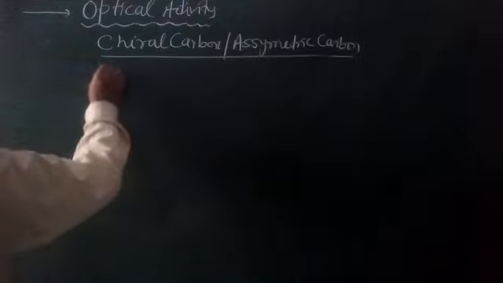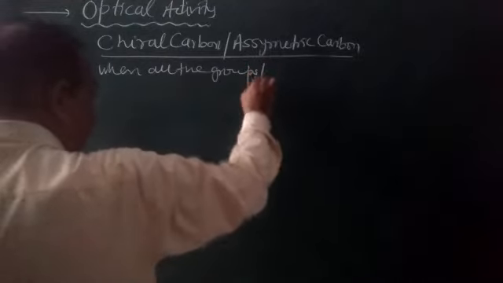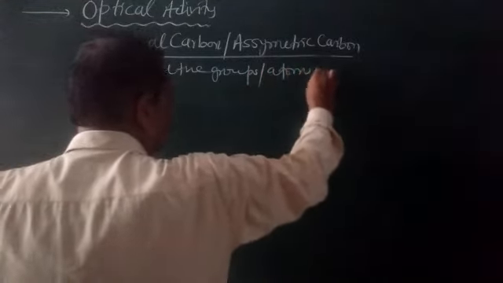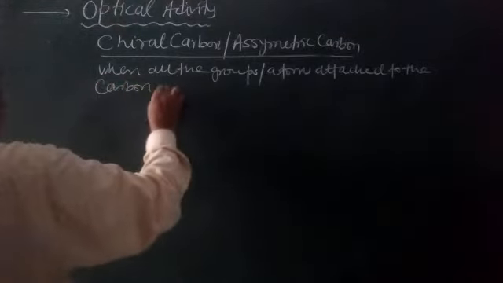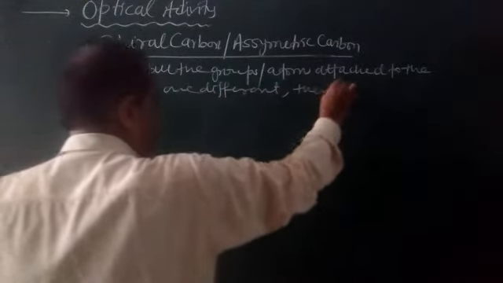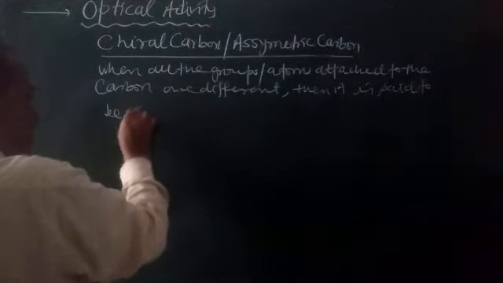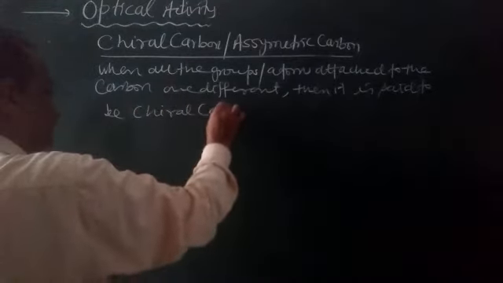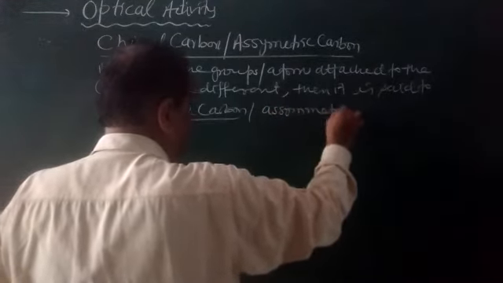So what is the meaning of chiral carbon or asymmetric carbon? When all the groups or atoms attached to the carbon are different, it is said to be chiral carbon or asymmetric carbon.